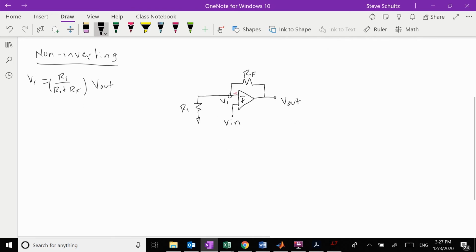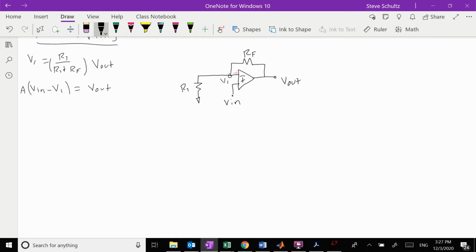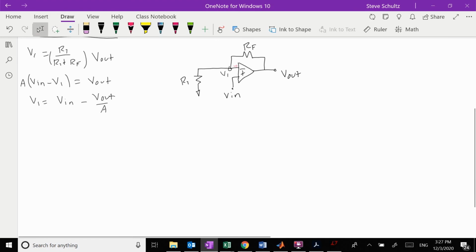We also have the gain equation of the op amp, so we also have V in minus V1 times A is equal to our V out. So then we can take this equation and solve it for V1. So V1 equals V in minus V out over A. And we can take that and plug this in to here.